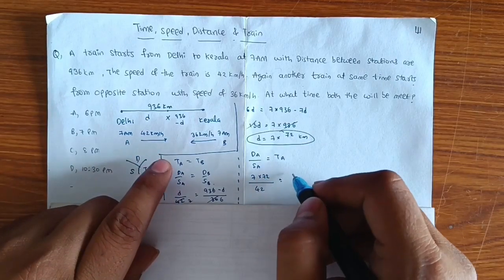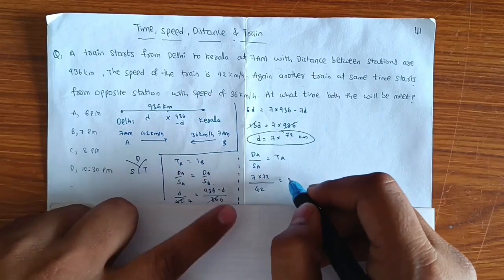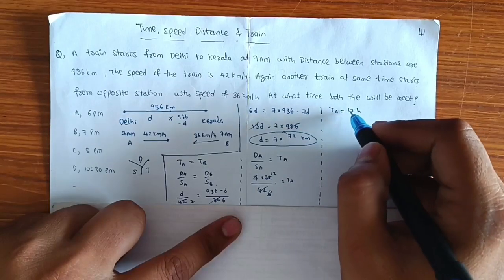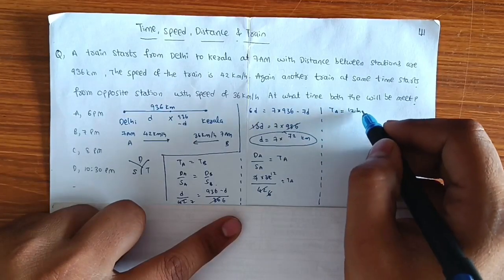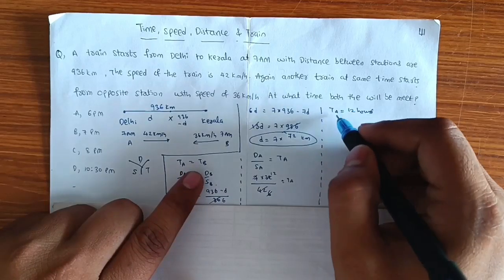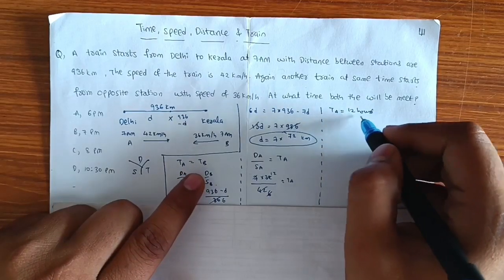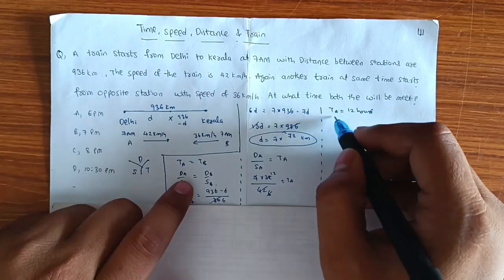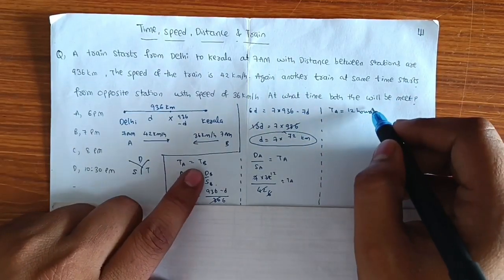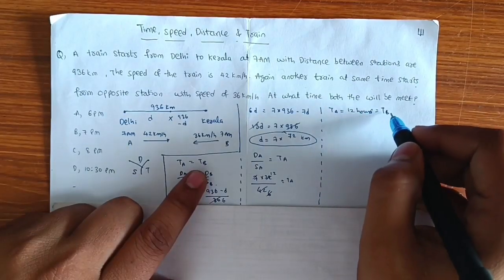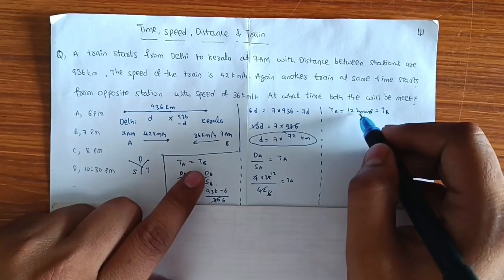If you simplify this, we get the value of TA, the time taken by A, as 12 hours. The unit of time here is hours. Not only TA, but TA equals TB, which is 12 hours.